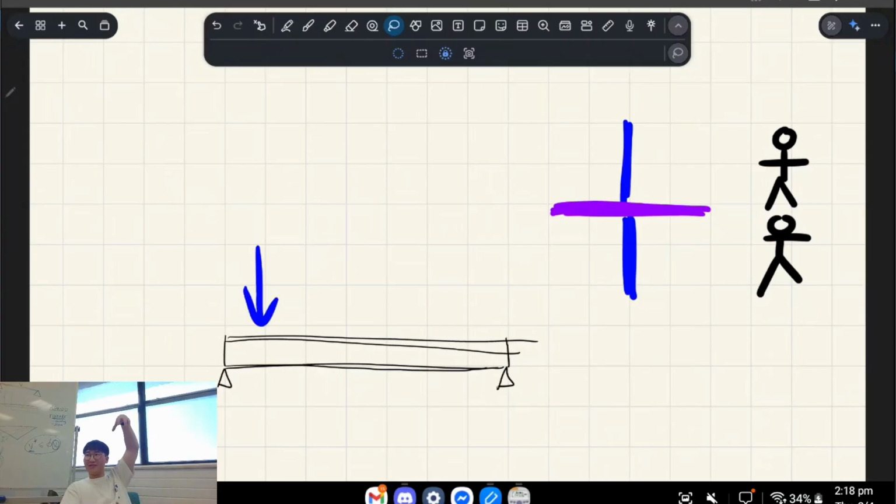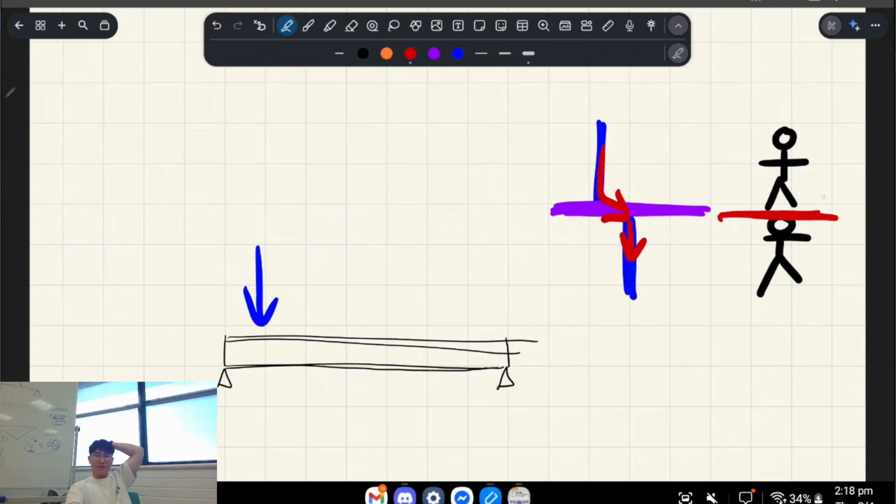The weight from the toddler on the top transfers to the toddler at the bottom. But if your column is offset, this now becomes a transfer system, where not only does your force have to travel vertically, but it has this kind of diagonal load path, right? So that'd be like if there was a surfboard on these dudes, and this dude's stepped to the side or something.